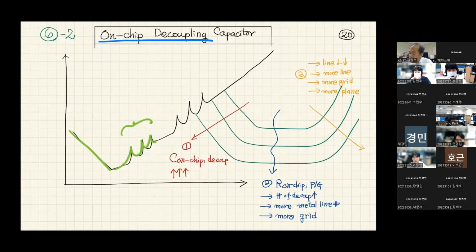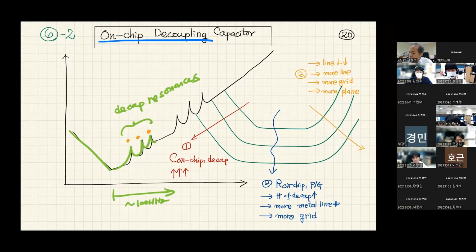This is coming from decap resonances. It's a range of maybe 100 up to 100 megahertz. As I mentioned in the previous slide, we have to be careful about these anti-resonance frequencies.